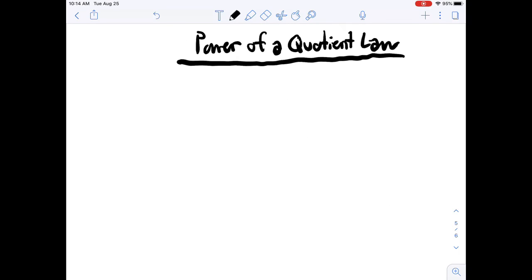I'm now going to show you the power of a quotient law. So I'll show you the example here. 8 divided by 9 to the power of 2, and in repeated multiplication it looks like this.